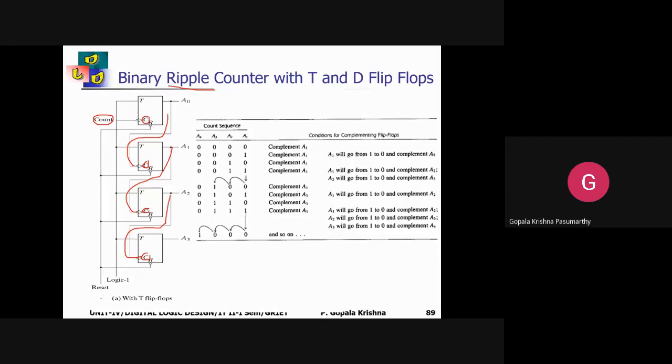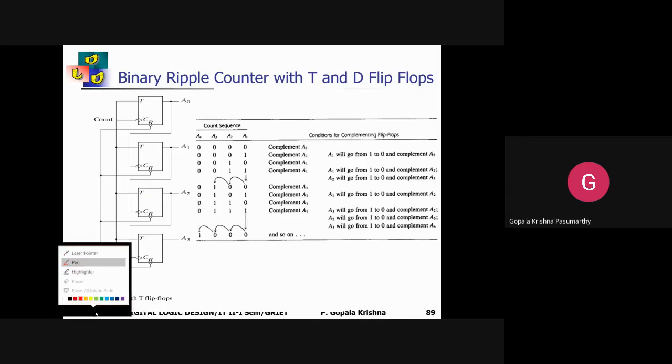Is it clear? Since it is a ripple counter, the clock inputs are not connected to a common source. This input is connected to counter, and the other clock inputs are each connected to some other source. That's why we call it a ripple counter. In a ripple counter, we will not find a common clock.